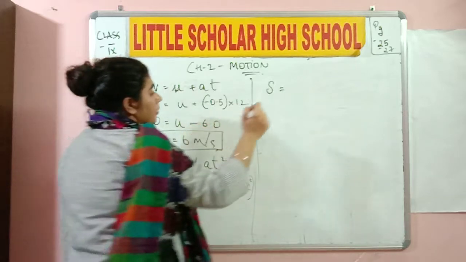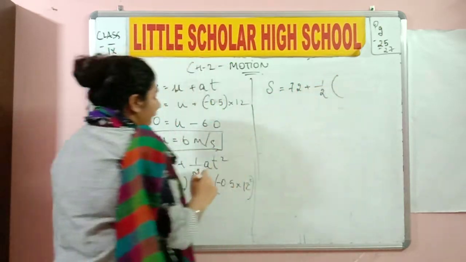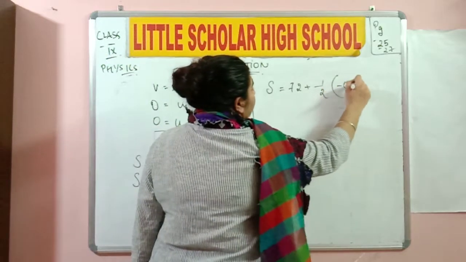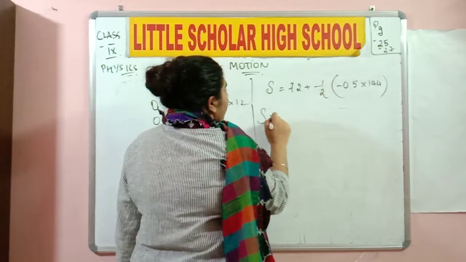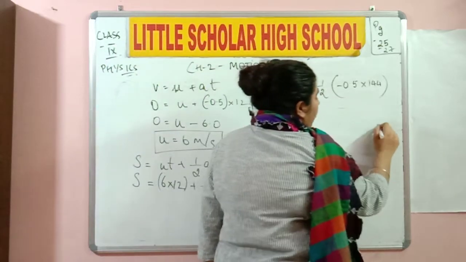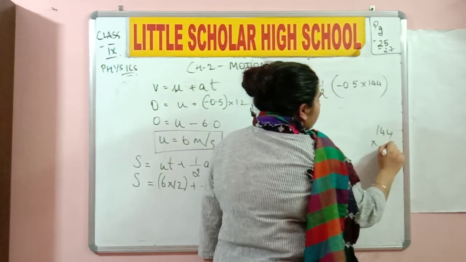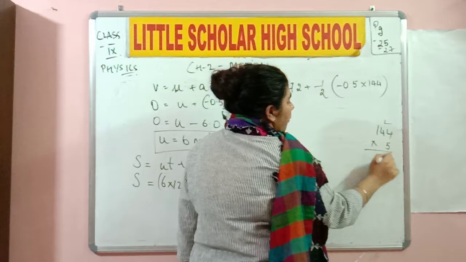6 into 12 is nothing but 72 plus 1 by 2. Now we have minus 0.5 into 144. Do you understand? So s is equal to, now we need to find out this particular portion. So 144 into 5. 5 fours are 20, 5 fours are 20, carry over 2.